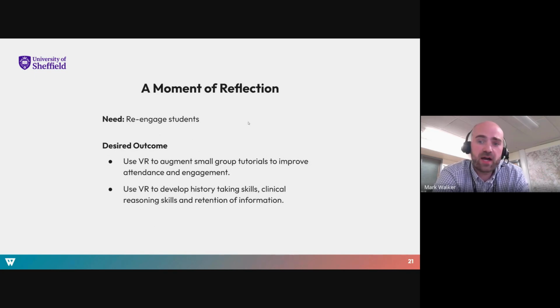So a desired outcome is how we can augment teaching sessions with virtual reality, using avatars, using artificial intelligence, to try and improve engagement and attendance.